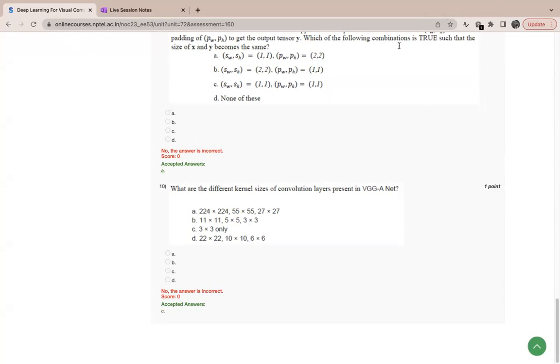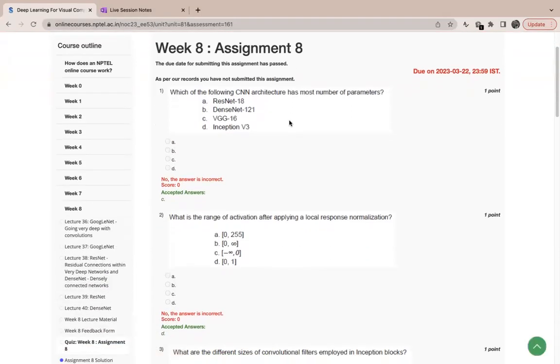Okay, coming to week 8 assignment questions. We should be completing this today, but let me see how far you go. Which of the following CNN architectures has the most number of parameters? The most parameters are in VGG16, because VGG16 contains only 3 cross 3 filters.